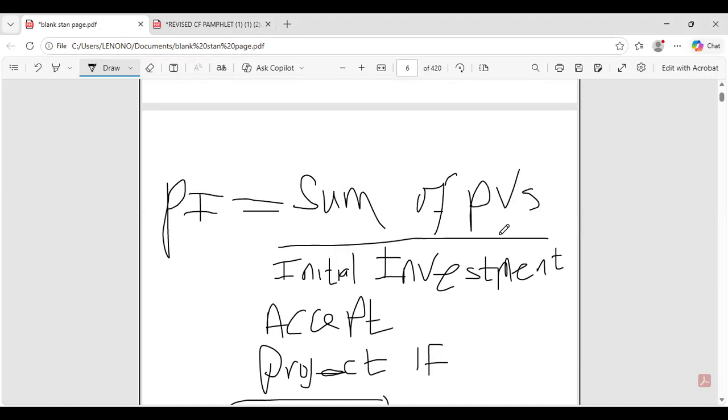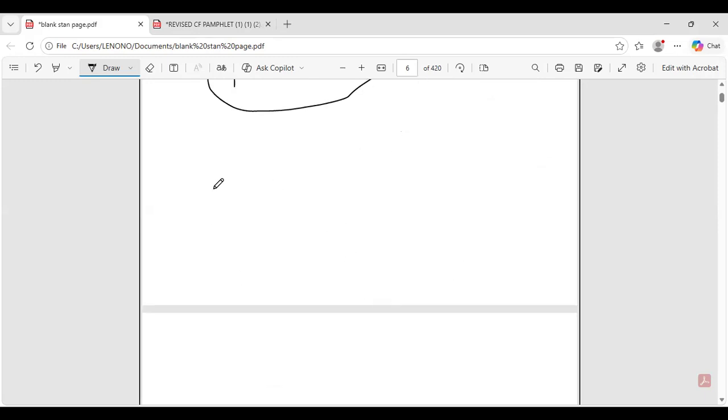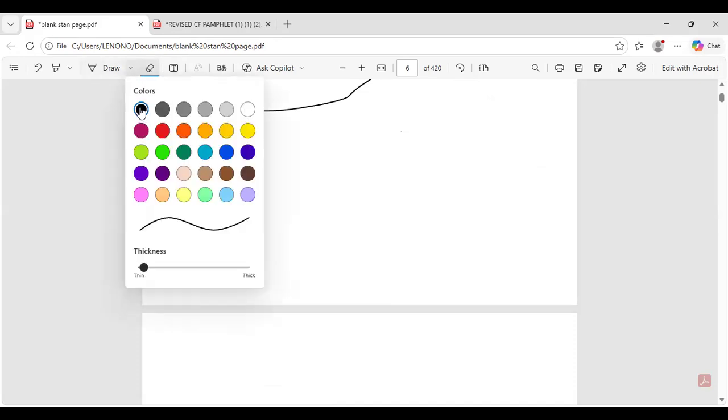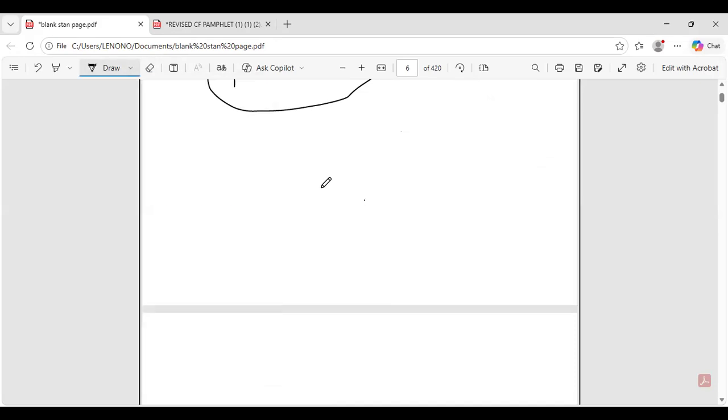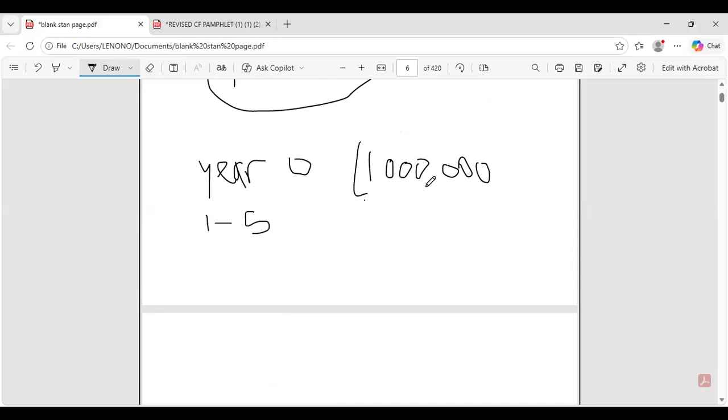So, an example: at year zero, we have invested 1 million. This investment is in brackets. Then from year 1 to 5, you are getting 500,000.